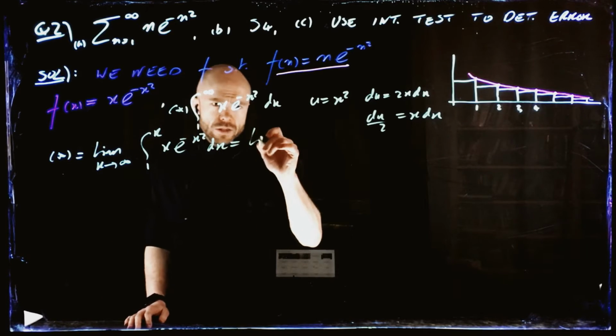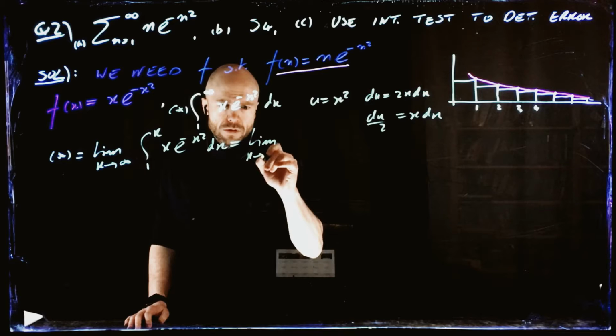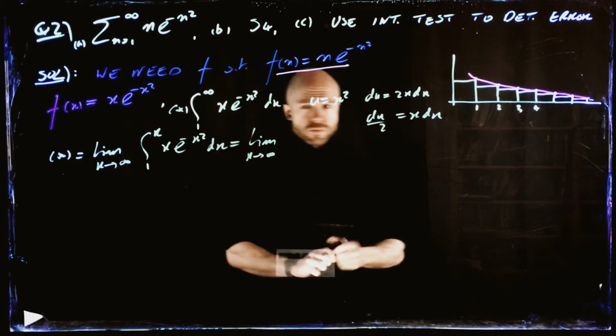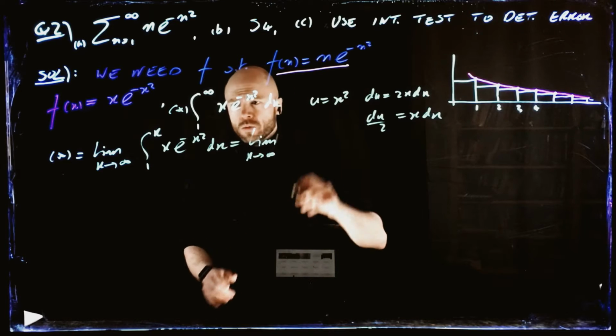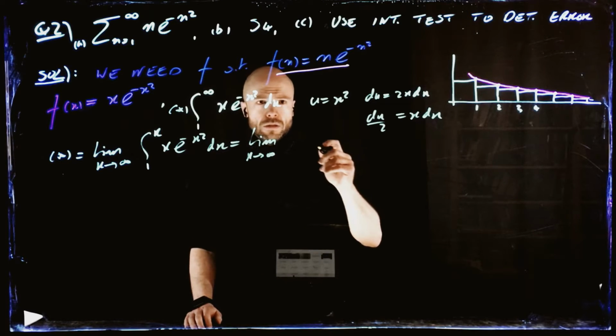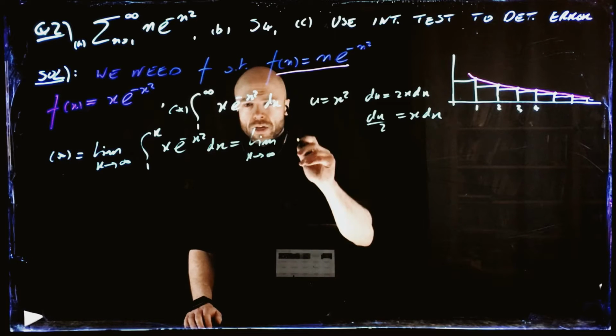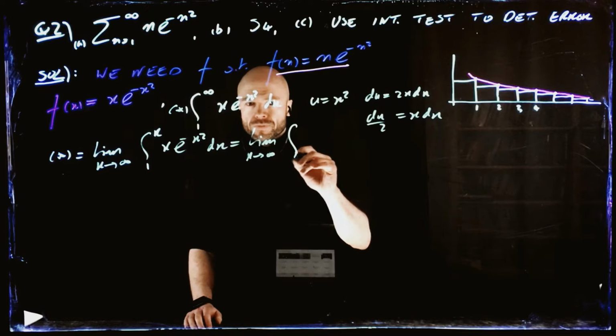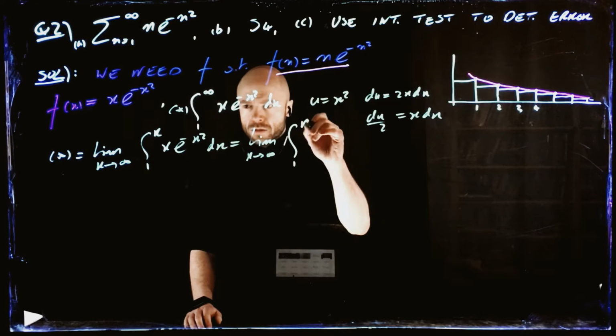And now we can turn this into an integral in terms of u. So we substitute the limits. When x is equal to 1, then u is also equal to 1. When x is equal to r, then u is equal to r squared.